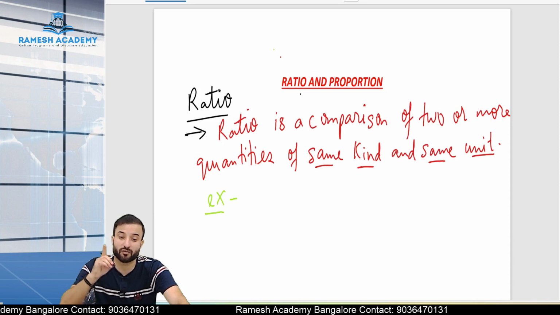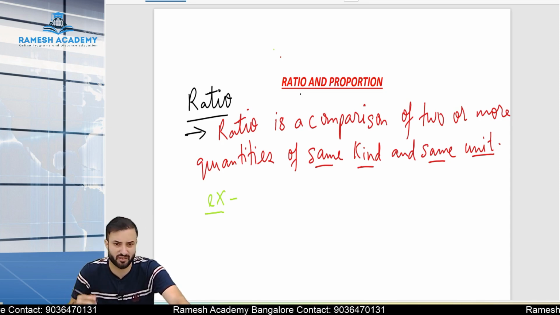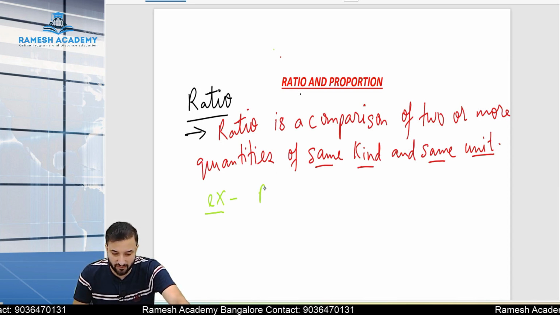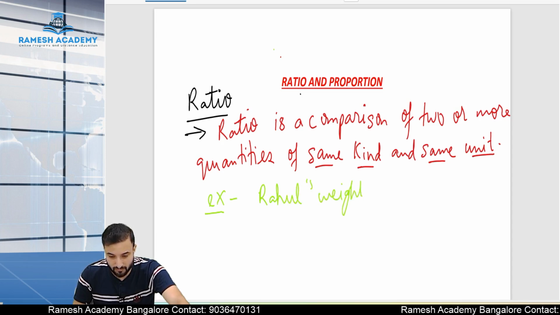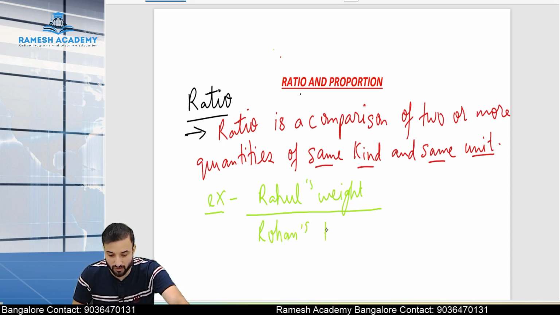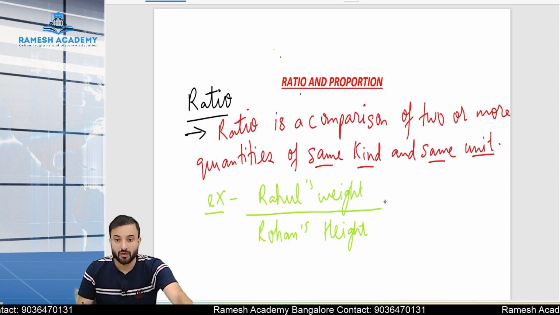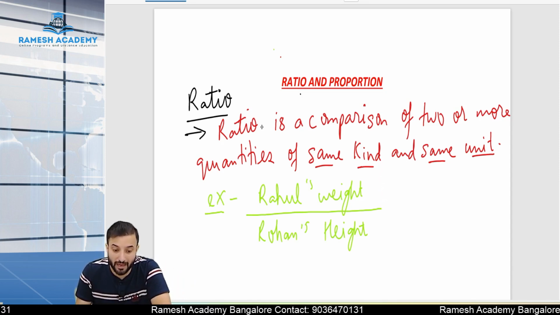What is the reason for the same kind and the same unit? Why do we want the same kind and the same unit? Because, for example, if I tell you to compare Rahul's weight and Rohan's height, tell me, is it possible to compare Rahul's weight and Rohan's height?